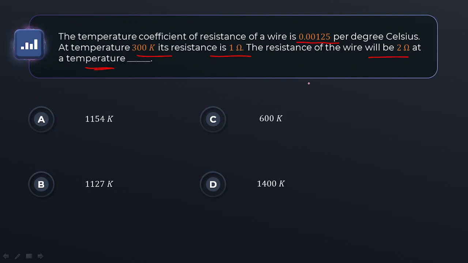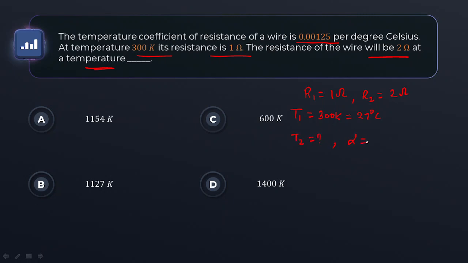We have R1 equals 1 ohm, R2 equals 2 ohm. The temperature T1 is 300 Kelvin, so in degrees Celsius that will be 27 degrees Celsius. In thermal physics, we put the temperature in Kelvin, but here we have to put it in degrees Celsius. And T2 we have to find.